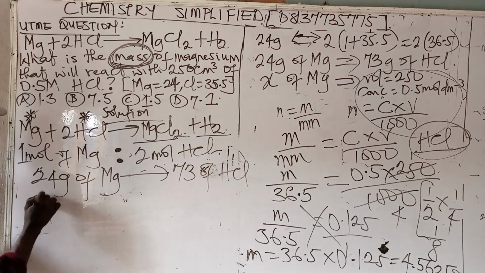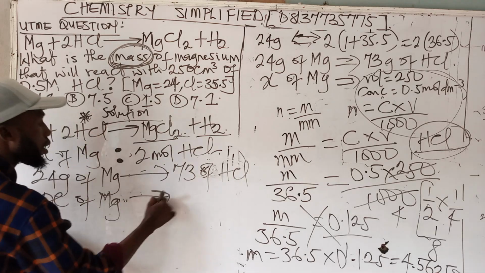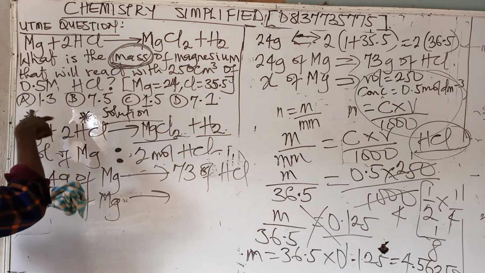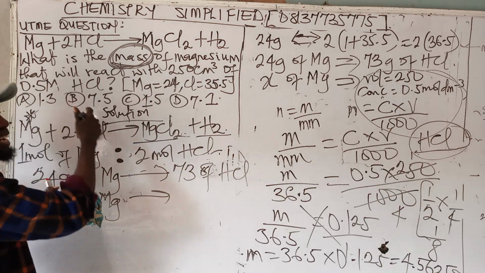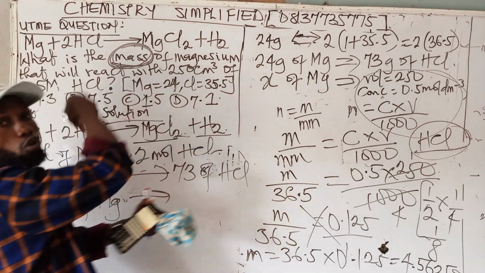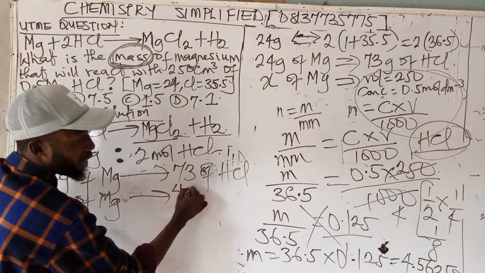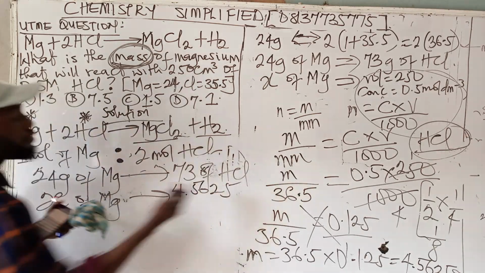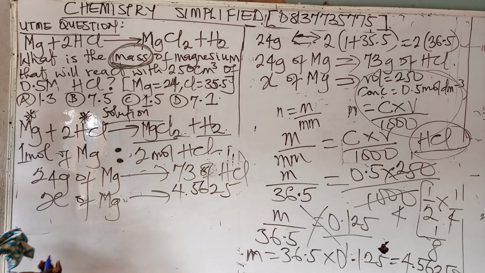They now ask us what will now be the mass of magnesium that we now react with this value of HCl, and from there we've calculated the mass of HCl from this value given to us to be 4.5625. Easy peasy. So it's a very cheap question.